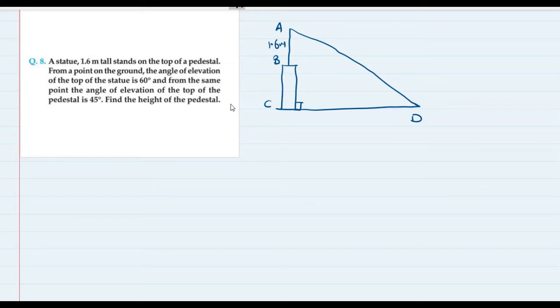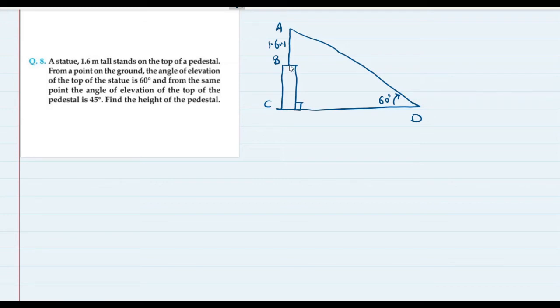A statue 1.6 meters tall stands on the top of a pedestal. From a point on the ground, the angle of elevation of the top of the statue is 60 degrees. So this angle is 60 degrees. And from the same point, the angle of elevation of the top of the pedestal. Oh, the top of the pedestal is over here.